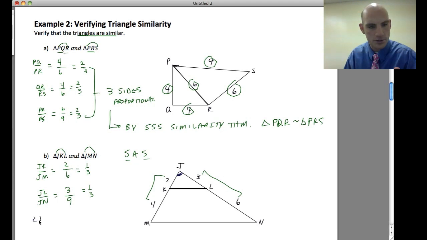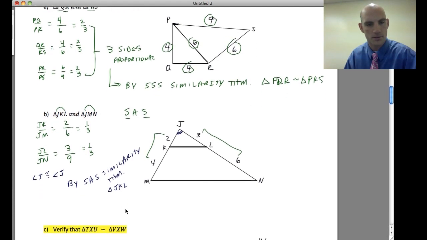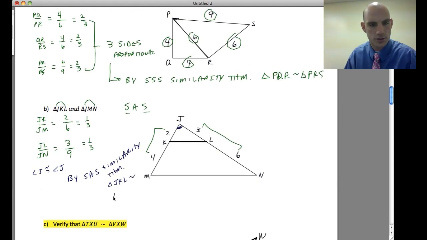So because angle J is congruent to angle J, reflexive property, I have by side, angle, side, similarity. And I can write that triangle JKL is similar to triangle JMN.